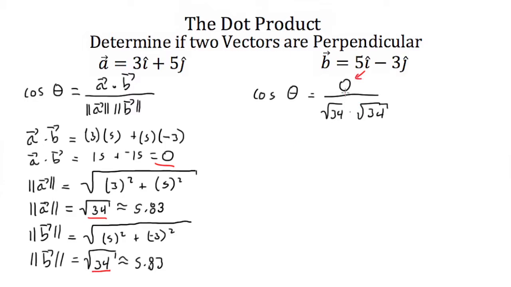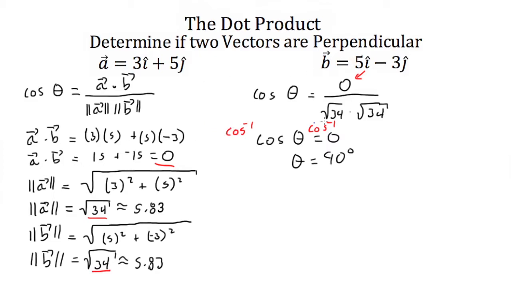So it doesn't matter what we're dividing 0 by, it's always going to be equal to 0. So if we say the cosine of theta is equal to 0, and you took the inverse cosine of both sides, you would find out that theta is equal to 90 degrees, which would mean that these two vectors are perpendicular.